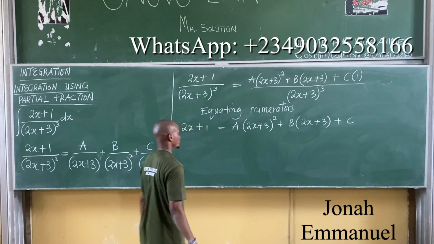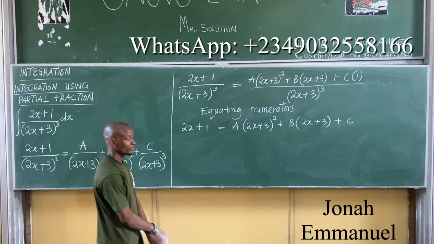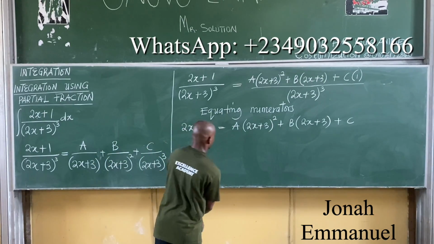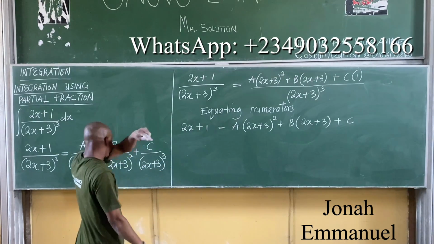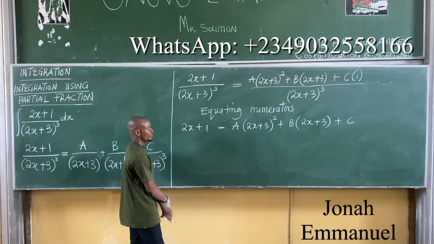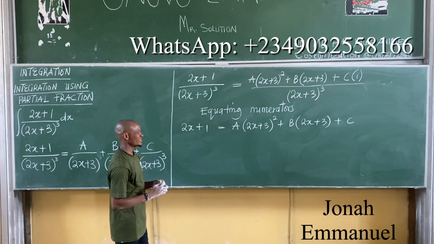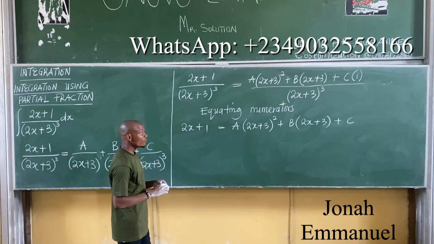So how do you solve this? What do you do? Cover up. Cover up would work, but we can get only C. For cover up, we get just C. We don't know B and A. So, better we expand this.